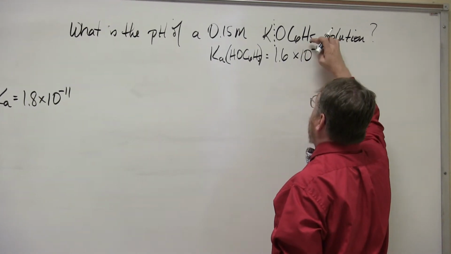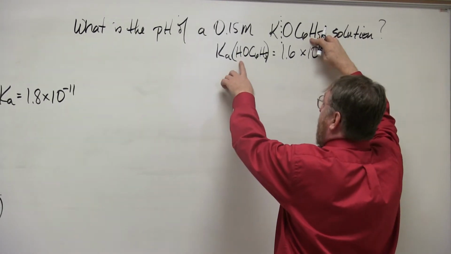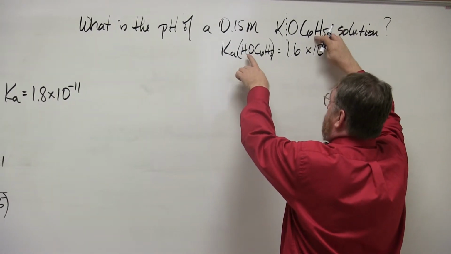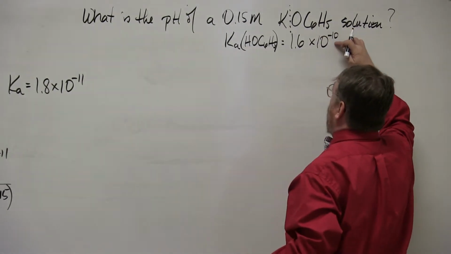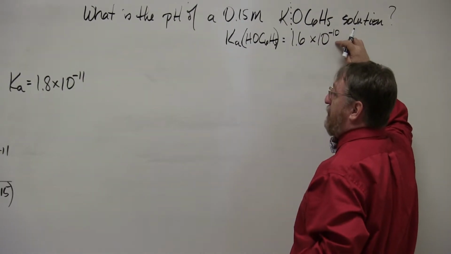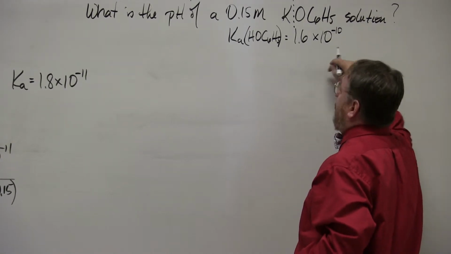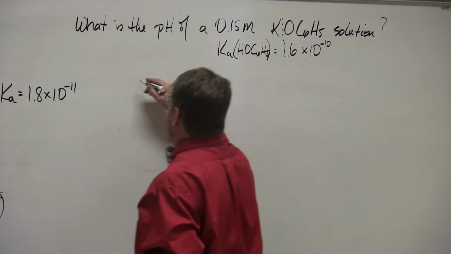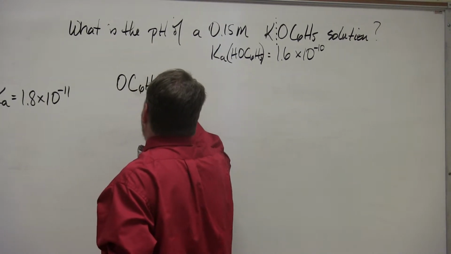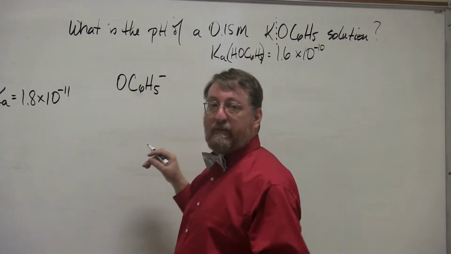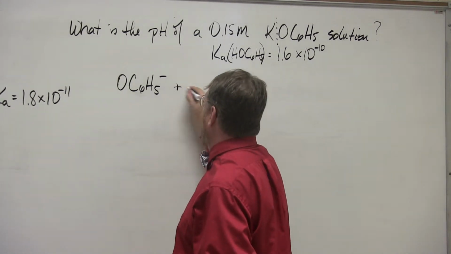This is going to be the conjugate base of a weak acid. You can see the conjugate acid-base pair there, H plus here, not here. Therefore, we can calculate the Kb here. So let's write our dissociation. We're going to have OC6H5 negative. I'm leaving the potassium off because it doesn't influence the pH in any way.